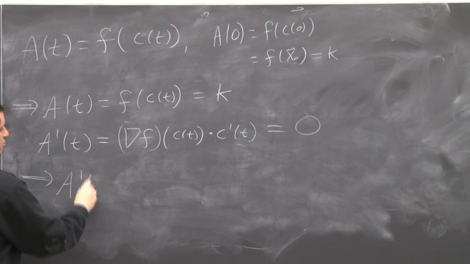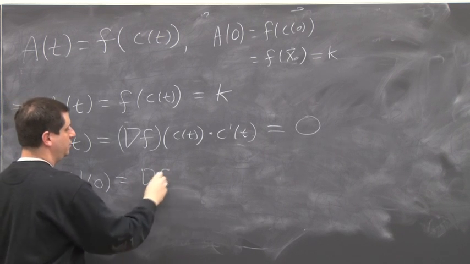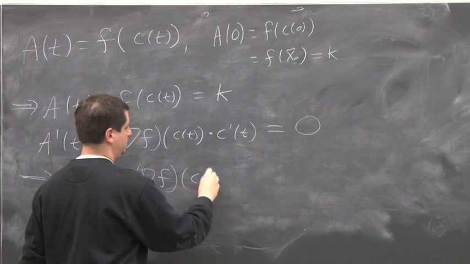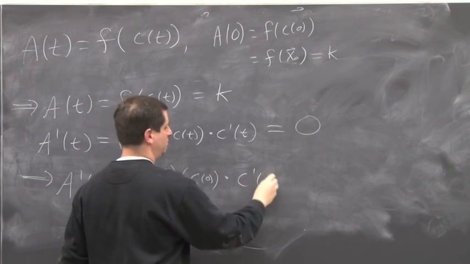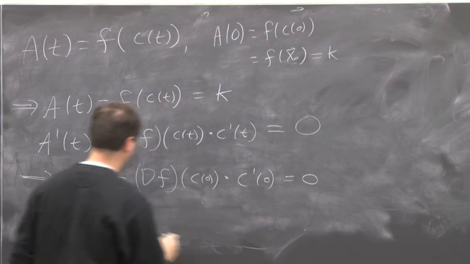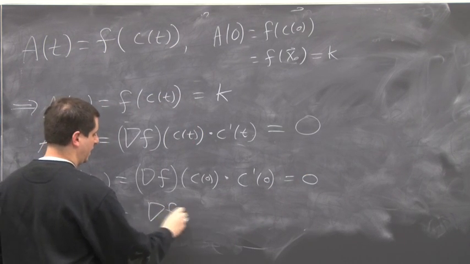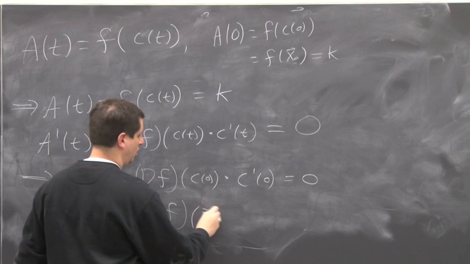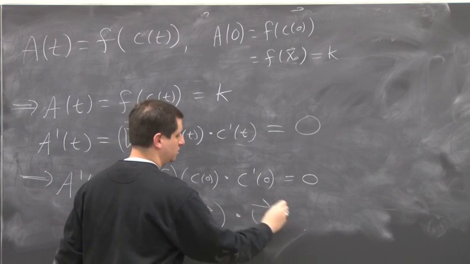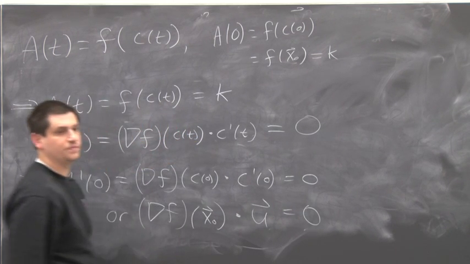Therefore, a prime of 0 is the gradient of f at c of 0 dotted with c prime of 0, which is 0, or the gradient of f at the point x naught dotted with u equals 0.